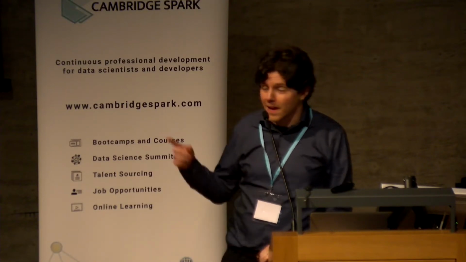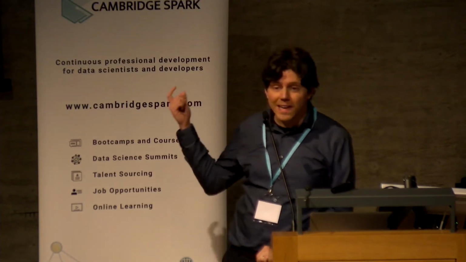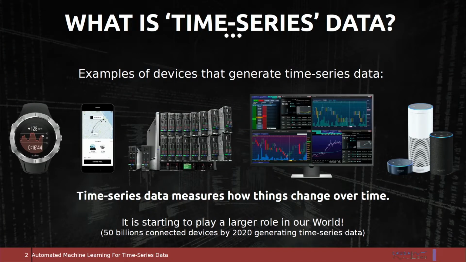You've got everything from health data to location data to data inside data centers, measures of load and log and security. You've got obviously financial data, which has been using and collecting time series for a very long time, economics as well, and of course the IoT, Internet of Things.